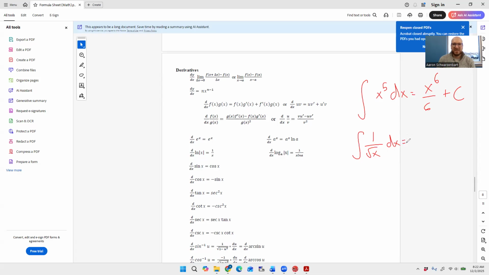So with this, do you remember the trick on these square roots? So it's x to the negative 1/2. I guess I don't really need the 1. Now I add 1 to the power. Dividing by 1/2 is the same as multiplying by 2.